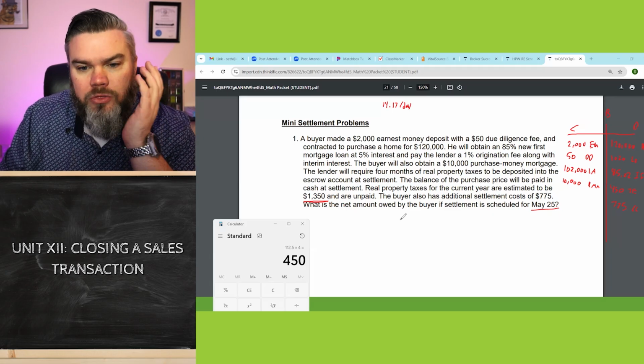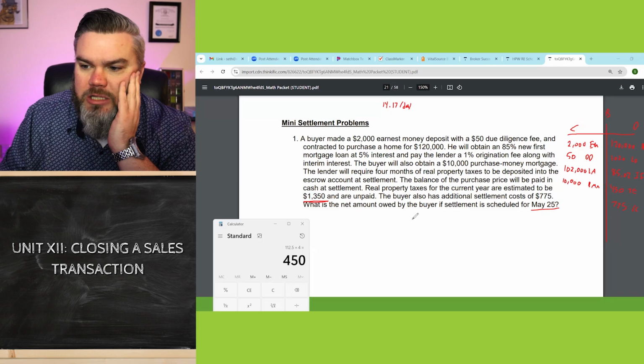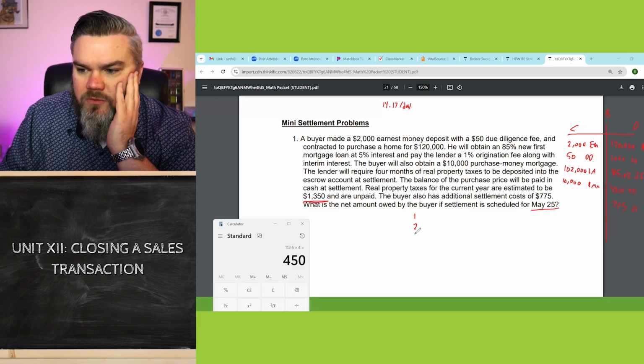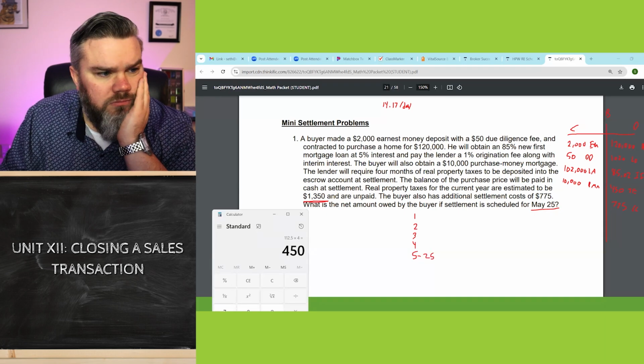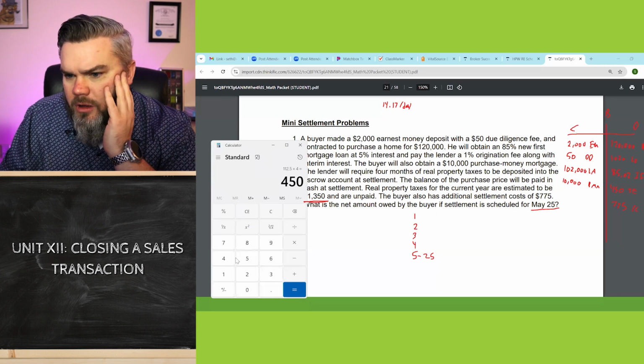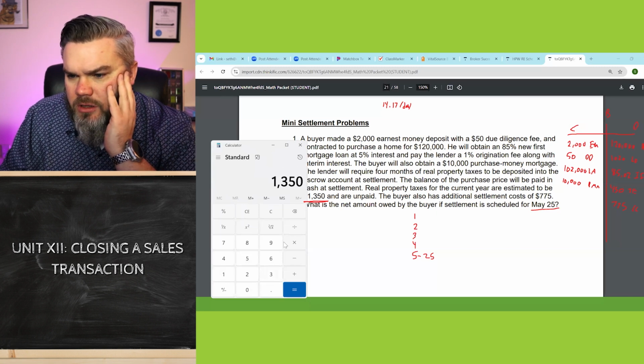It's going to be January 1 through May 25th, the seller's responsible for. So January, February, March, April, and then 25 days in May. Take your annual tax bill of $1,350 divided by 360 days to get your per diem for taxes, which is $375 a day.